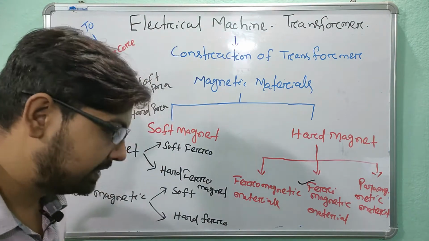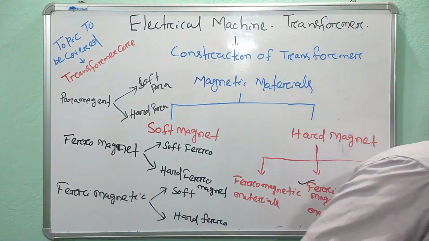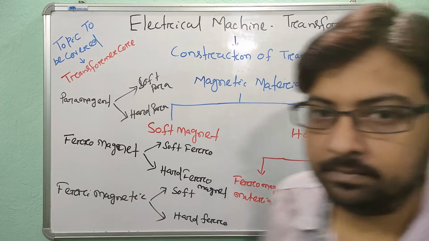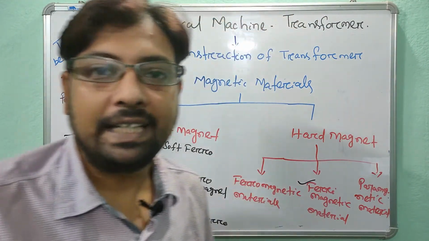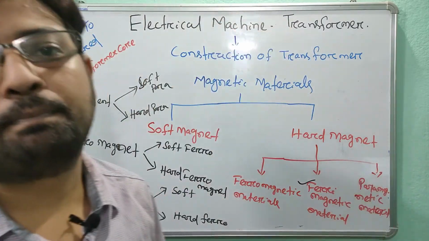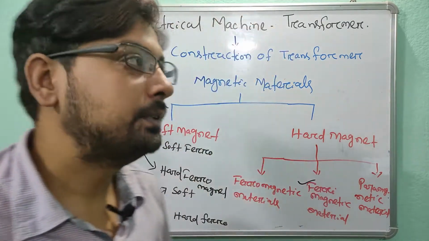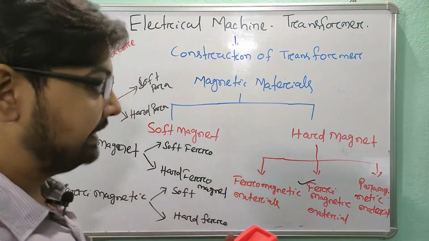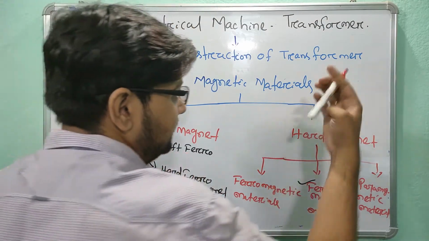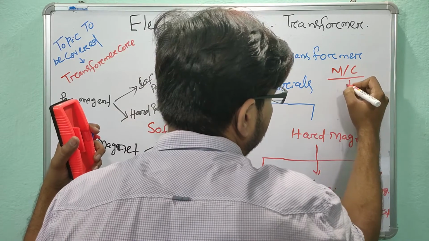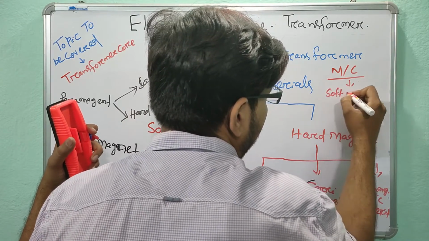So for electrical machine we use soft magnetic materials. Why do we use soft magnetic materials?